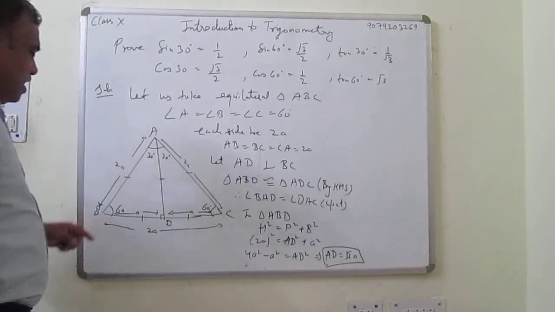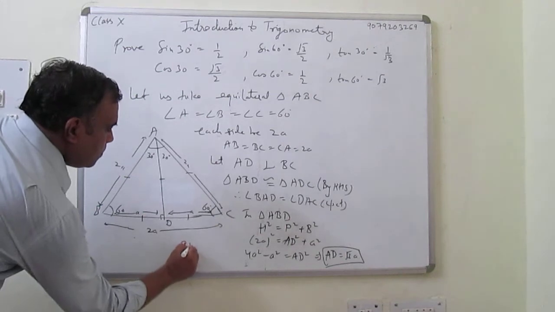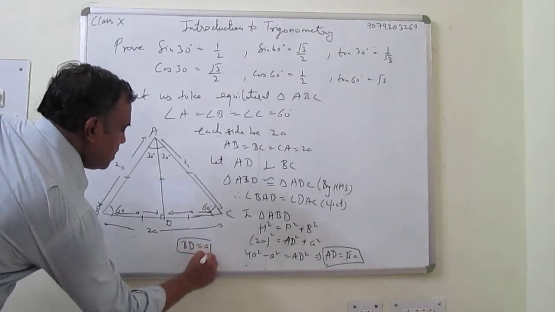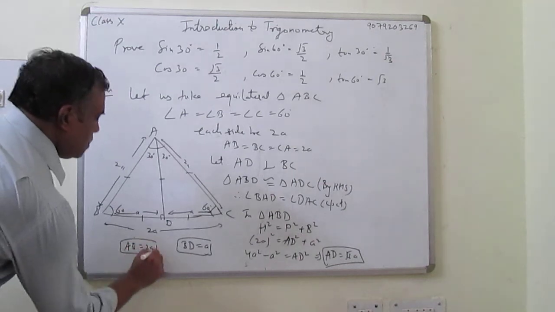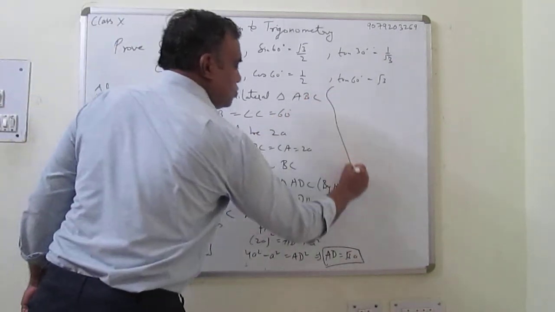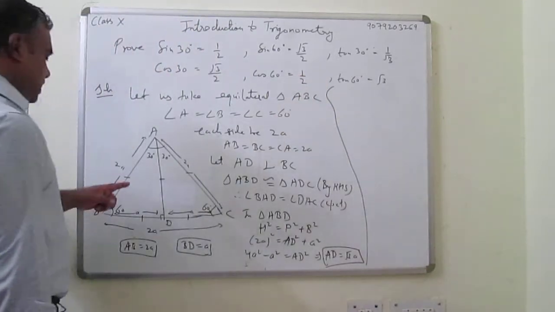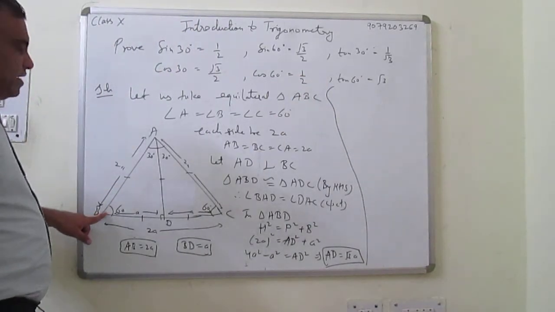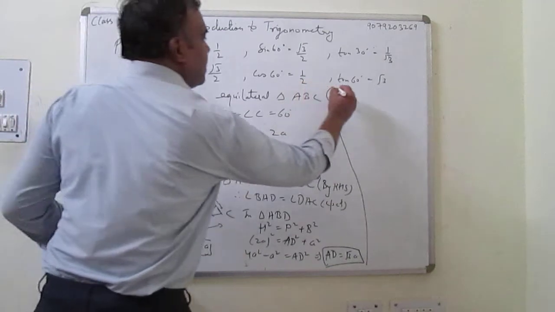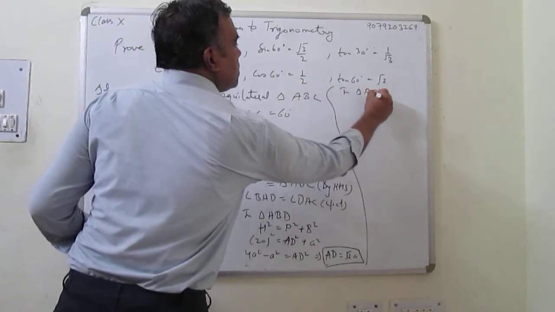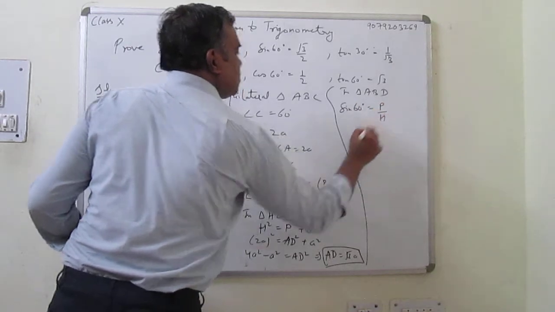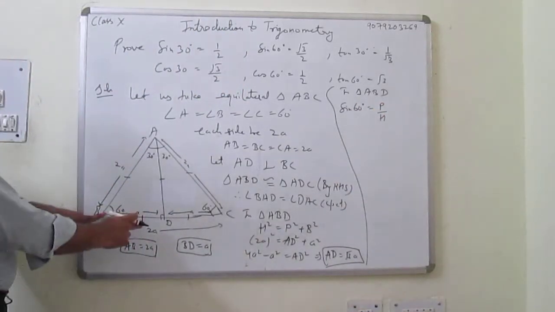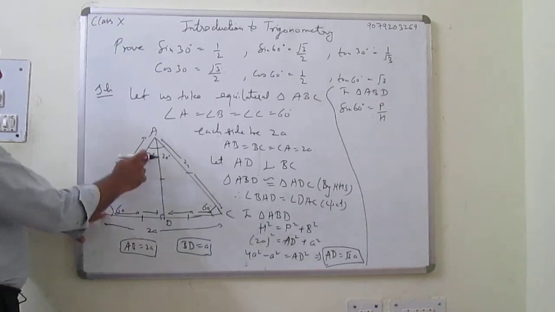Now AD I have, BD I have. BD is equal to A, and AB is equal to 2A. Now I will take the ratios of sin 30 and sin 60. In triangle ABD, sin 60 is equal to P upon H. What is P?